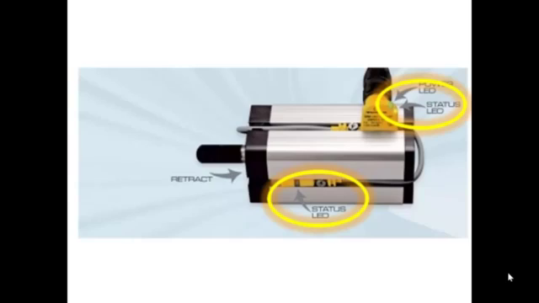Now remember in an earlier lecture on basic electricity that if we took a magnetic field and we brought ferromagnetic material into close proximity, that it would disturb the magnetic field and we would thereby sense the presence of something. So right now that sensor is sensing the presence of the piston in the full retracted position.